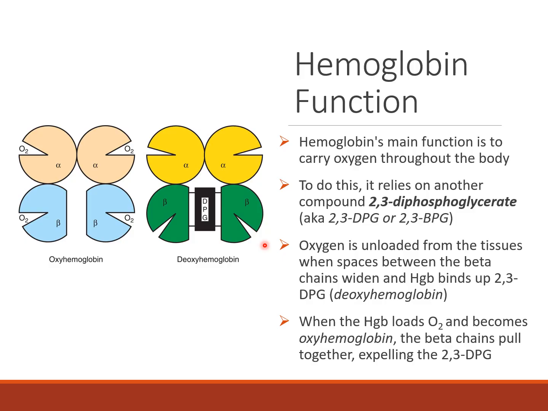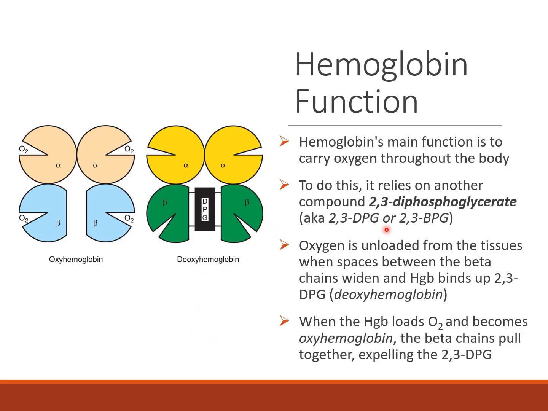Those beta chains kind of pull together once the DPG or the 2,3-BPG is here, and after it's released the oxygen, it'll then come together and expel that 2,3-BPG.